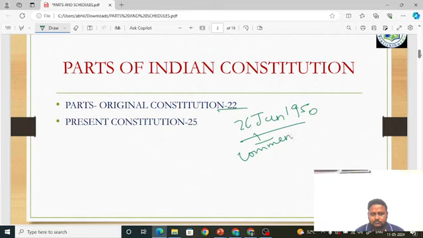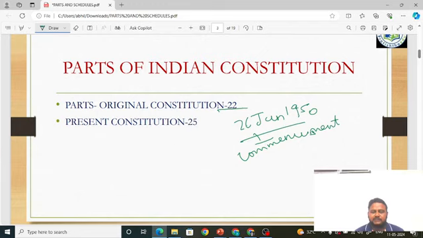On the date of commencement, the original Constitution had 22 parts.